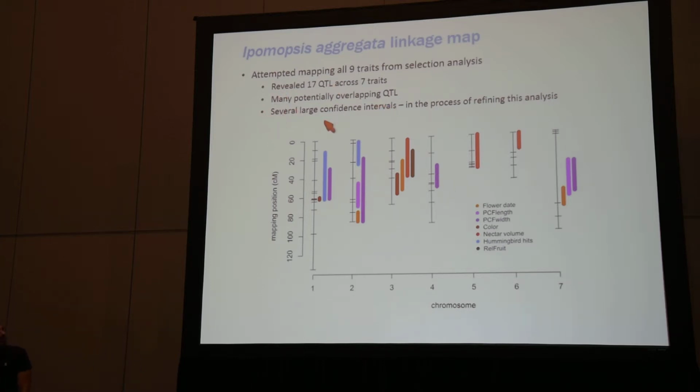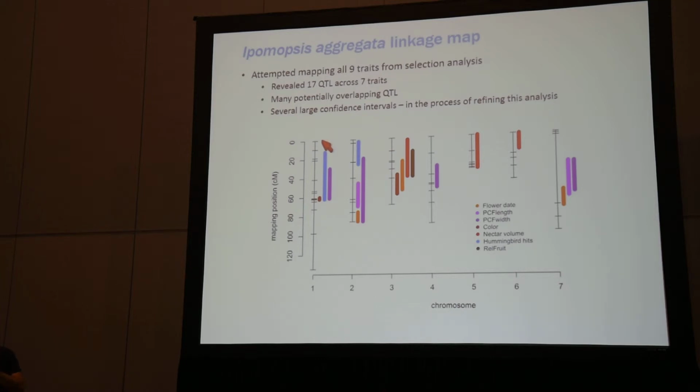One thing I want to point out here is that there are many potentially overlapping QTL. I should say QTL are these colored bars, where the length of the colored bar represents the confidence interval around the position of that QTL. So this suggests that there's potentially quite a bit of pleiotropy or tight linkage happening between QTL.